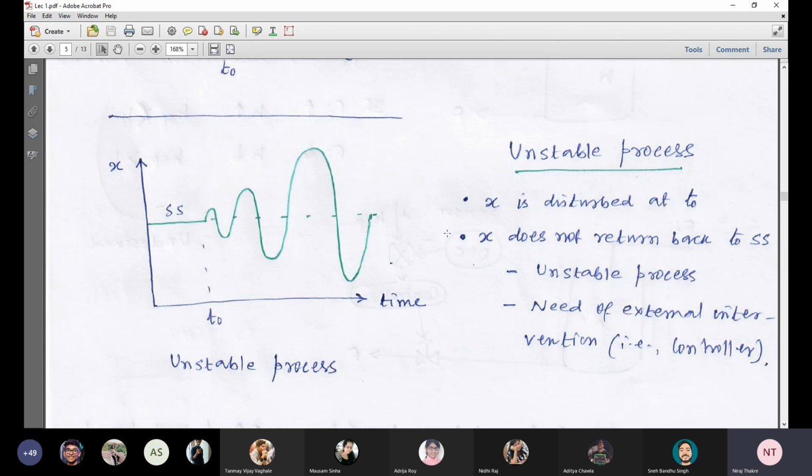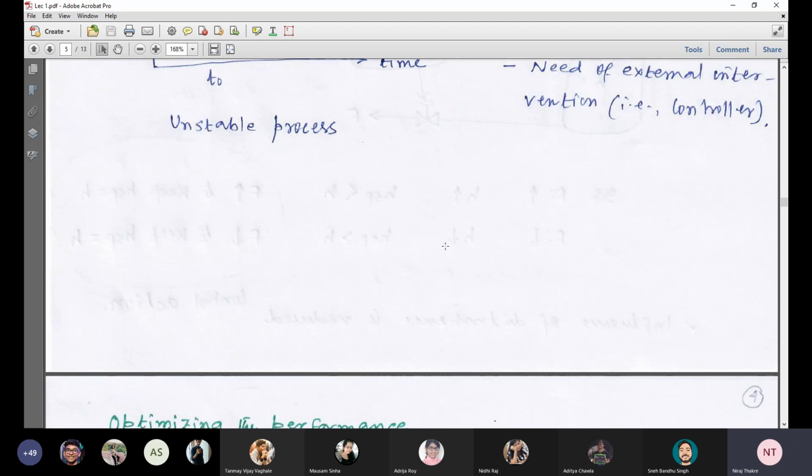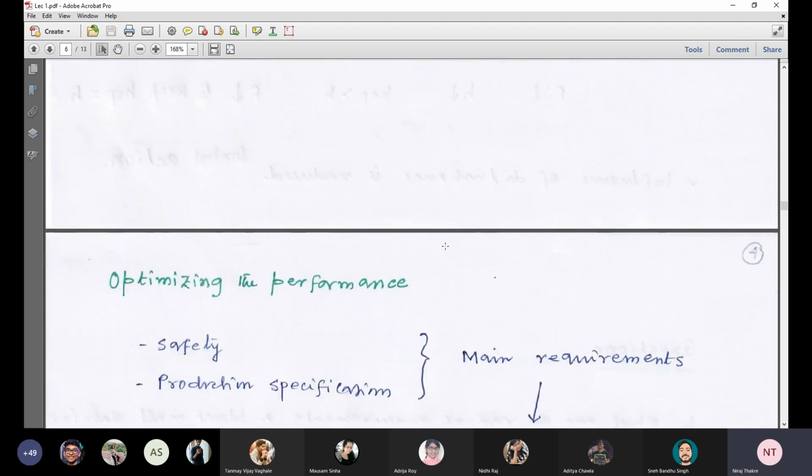Next we will go to optimizing the performance of a process. Okay, let us first discuss how we can optimize the performance. In the last class, we discussed the requirements for a particular process. The requirements are listed as safety. That was the primary requirement we mentioned.